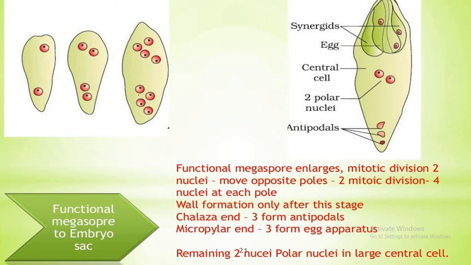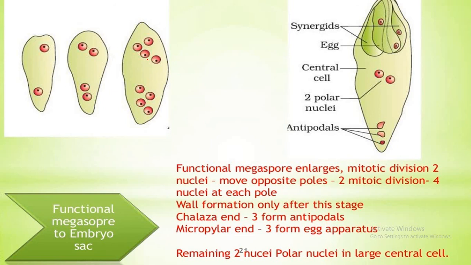Now all these 8 nuclei move towards the poles, that is towards the micropylar end and towards the chalazal end, and one by one they come to the center. Okay.